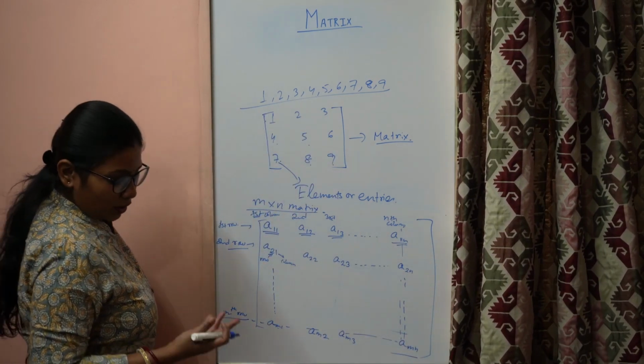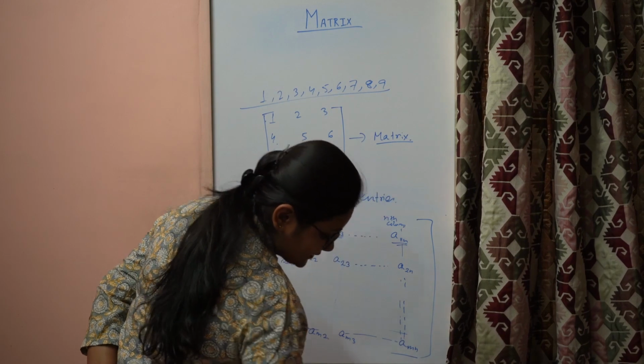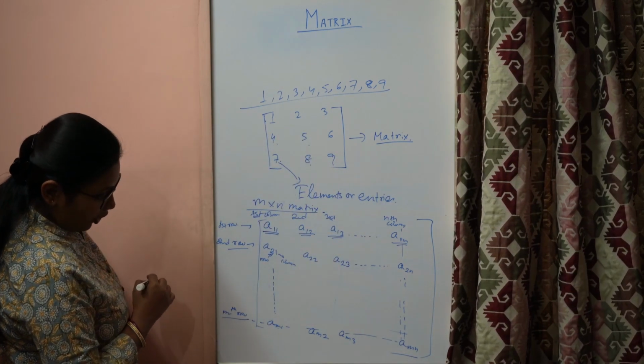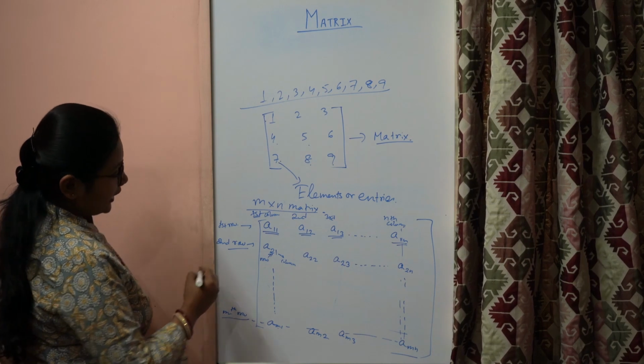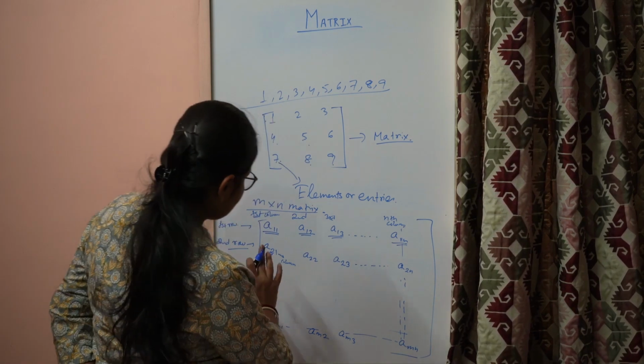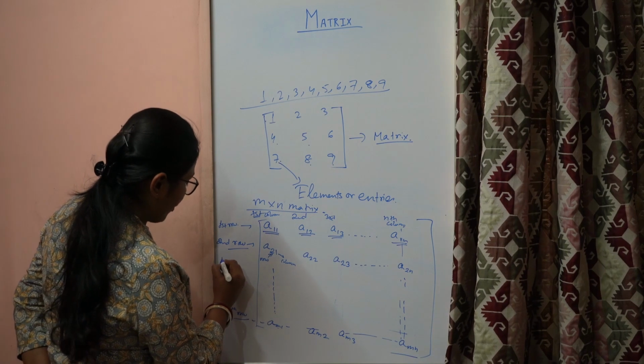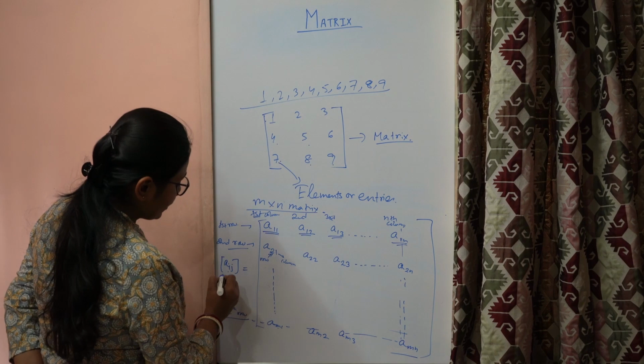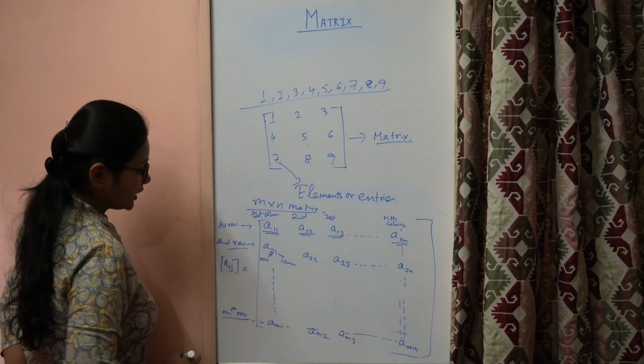This is the notation of the matrix, and symbolically this matrix will be represented in the form of box A ij, in square brackets, where i denotes the row and j denotes the column.